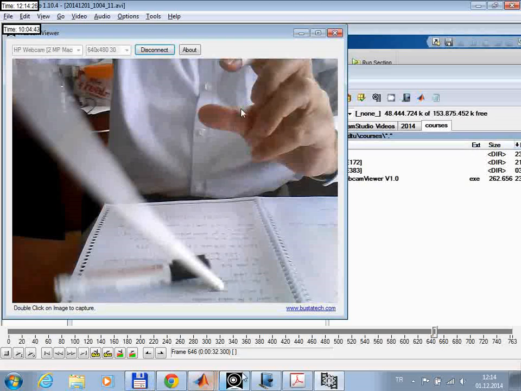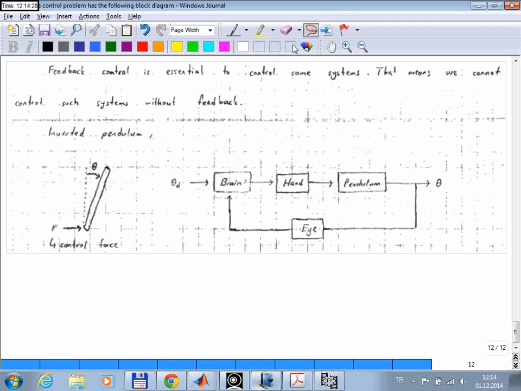So if I go back to the block diagram, my hands need to be faster, my reflexes need to be faster, my brain needs to work faster. So if I study long enough, I can get used to controlling this fast one. But the reason it's difficult to control the shorter one is because this system is faster.